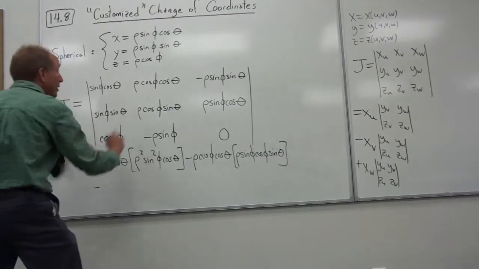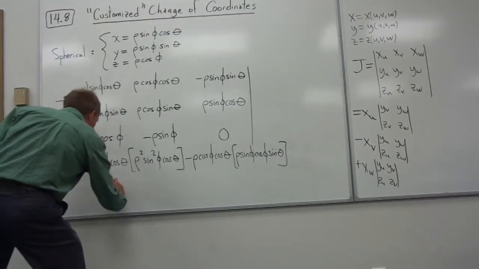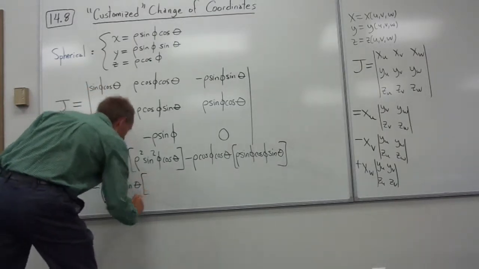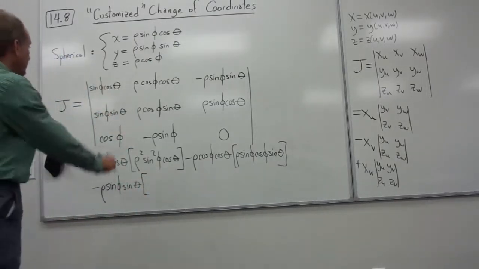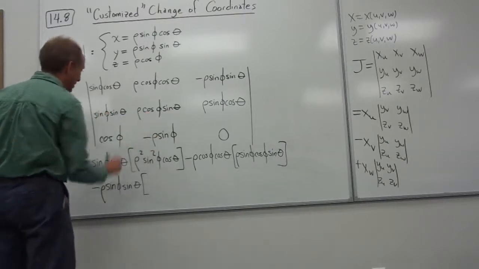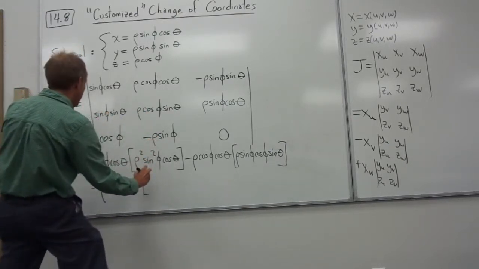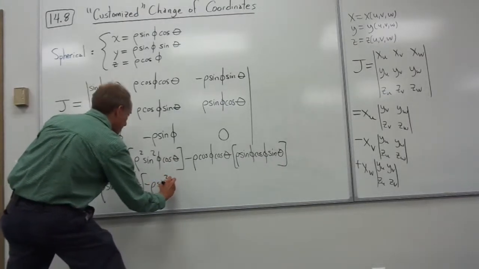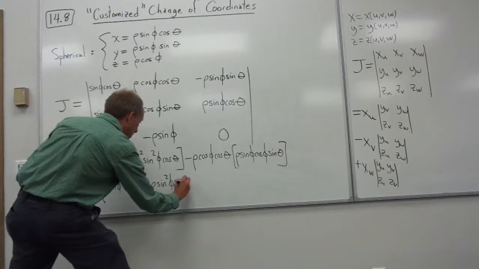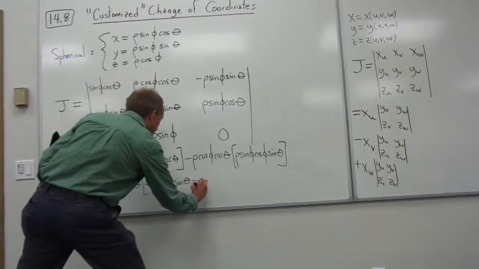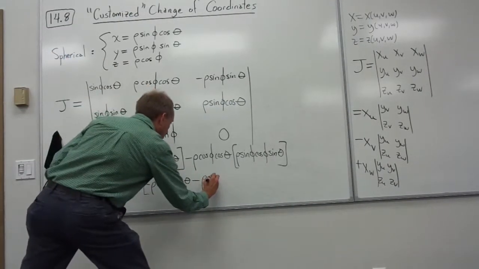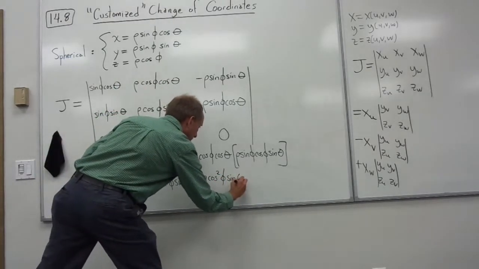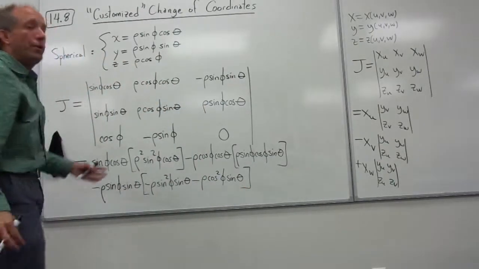There's a minus on it. So minus rho sine phi sine theta. Right? And then we have to take this times this minus this times this. Okay? So this is going to be negative rho sine squared phi sine theta, and then minus rho cosine squared phi sine theta. This is the Jacobian.